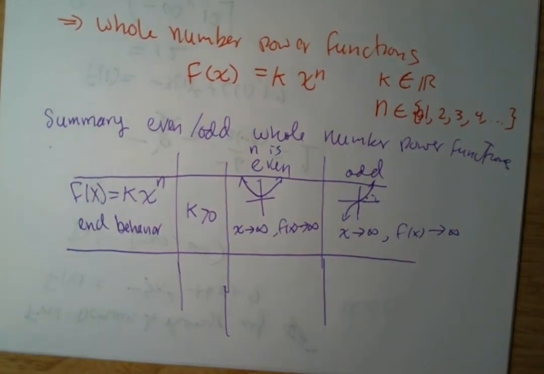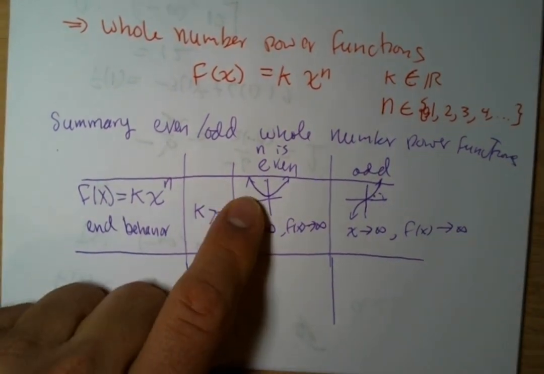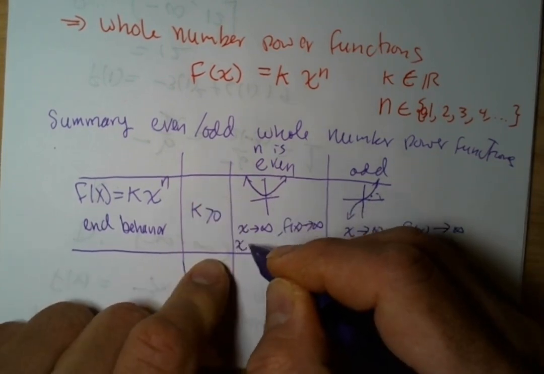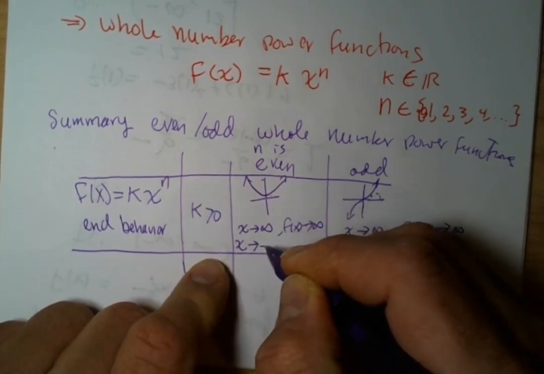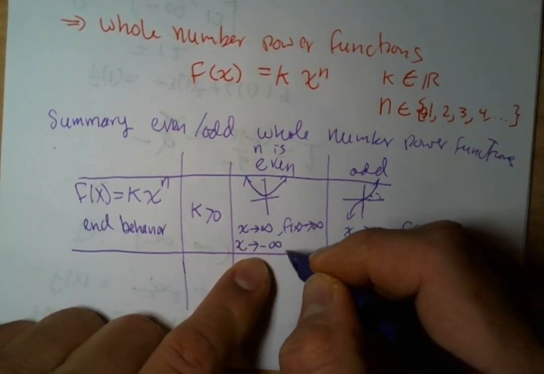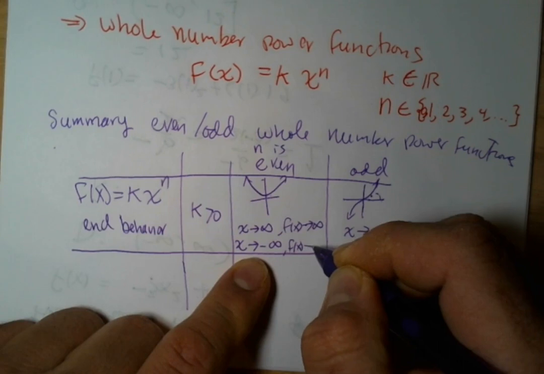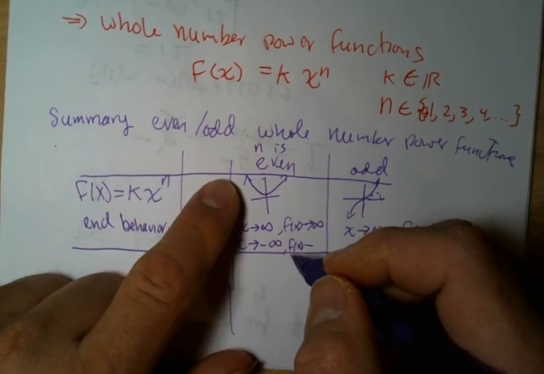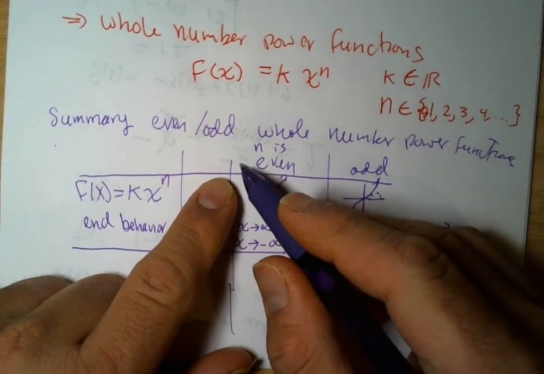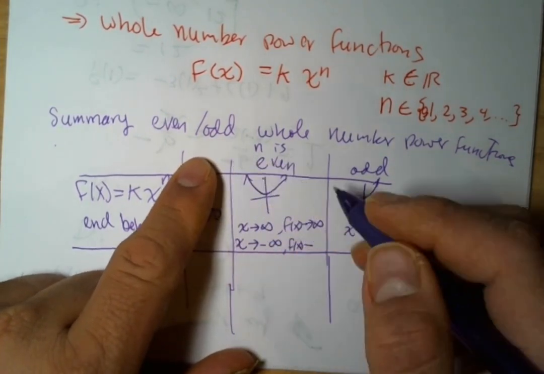Now let's take a look at the other direction. For values to the left of the y-axis, the way we would write that is as x goes to negative infinity. In this case, the values are getting larger and larger in the positive direction.